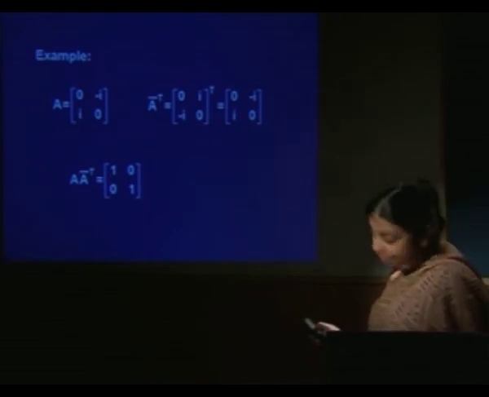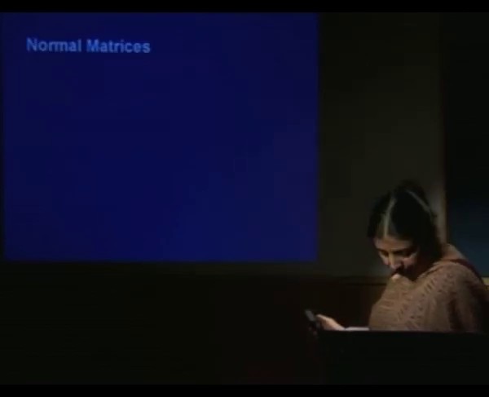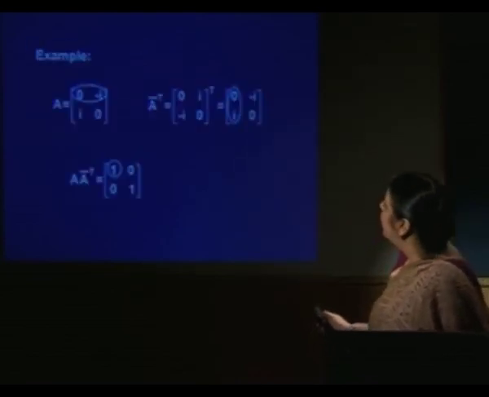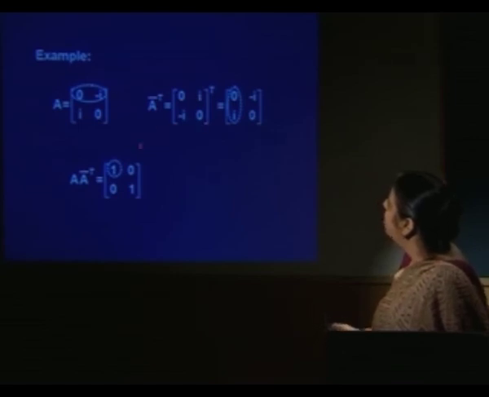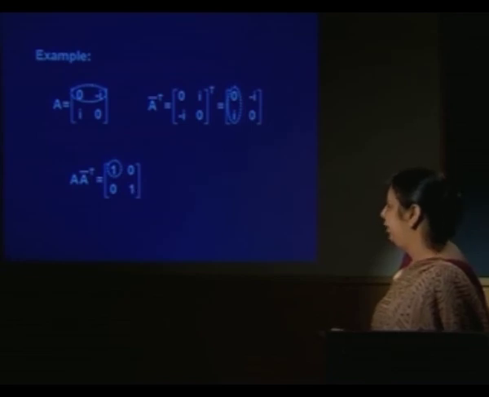If I multiply the two, A and A bar transpose, then one can check that 0 multiplied by 0 and minus i multiplied by i gives 1, and one can check the other elements also. If you multiply the first row by the second column, this is 0. You multiply the second row by the first column, this is again 0. But if you multiply the second row by the second column, i multiplied by minus i is minus i square, which is 1.